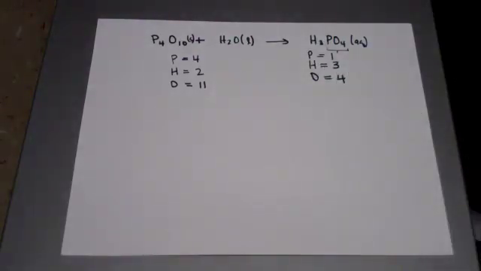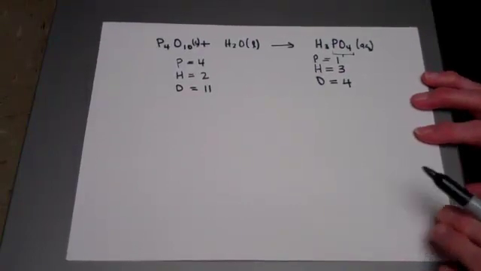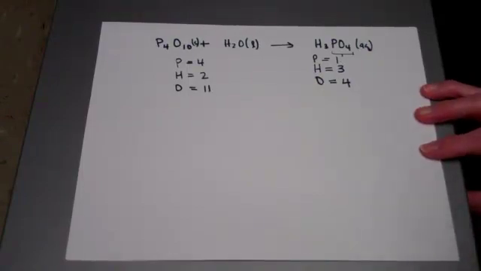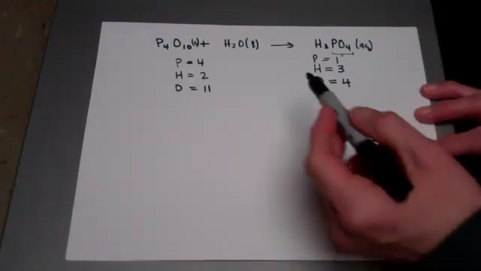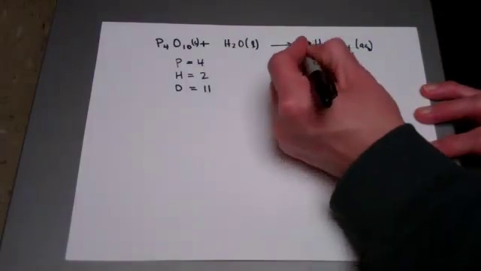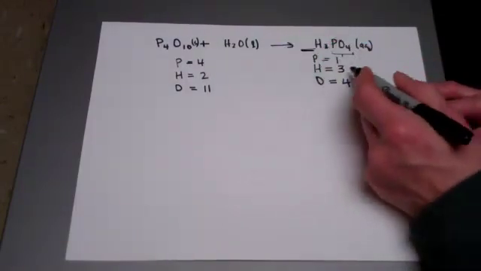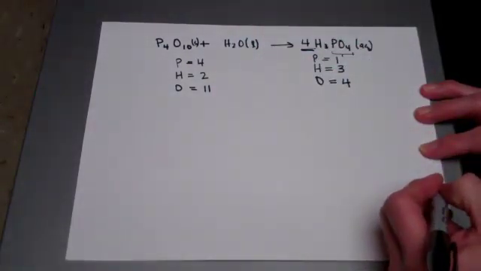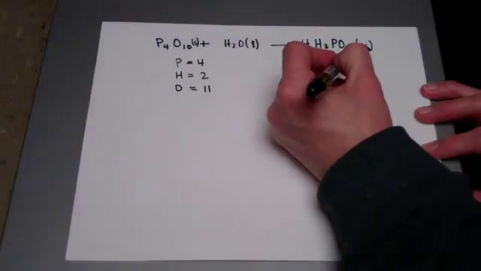So phosphorus is the most complex element that we have in here. The rest are hydrogens and oxygens. So I want to balance the phosphorus first. I think the easiest way to do that is to try placing a 4 in front of this molecule so that we can get 4 phosphates in here. And let's see what that does to our numbers if we place 4 in there.